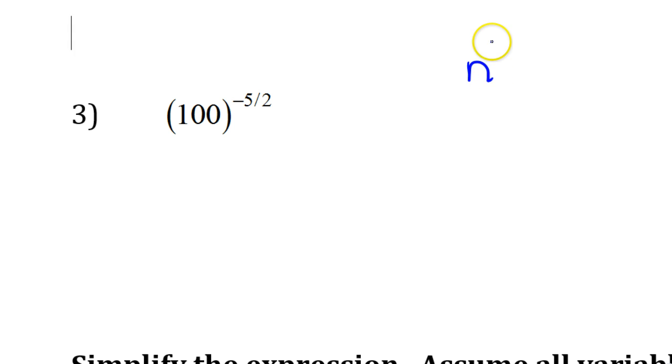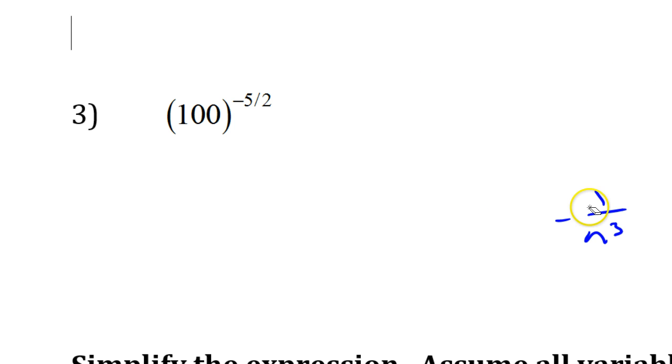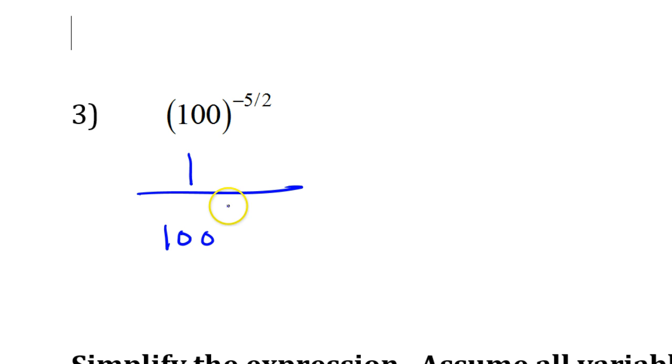We know that n to the negative 1 power is 1 over n, or n to the negative 2 power is 1 over n squared, or n to the negative 3 power is 1 over n to the third power. You get it. So that means n to the negative 5 over 2 power is 1 over n to the 5 over 2 power. You just drop it down to the denominator.